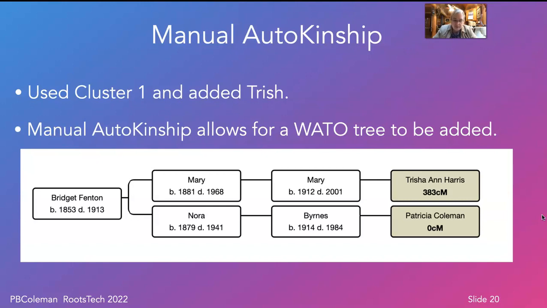So here I have our families back to Bridget, how much DNA Trish and I share, and I have to put in our names exactly as they appear on MyHeritage so that they are picked up by AutoKinship as being the exact same people that are in the MyHeritage file.